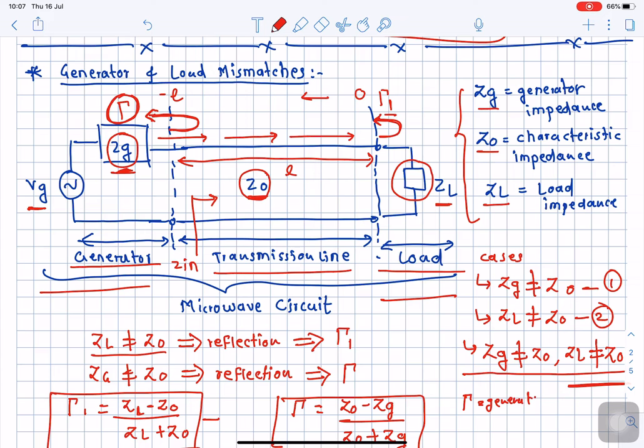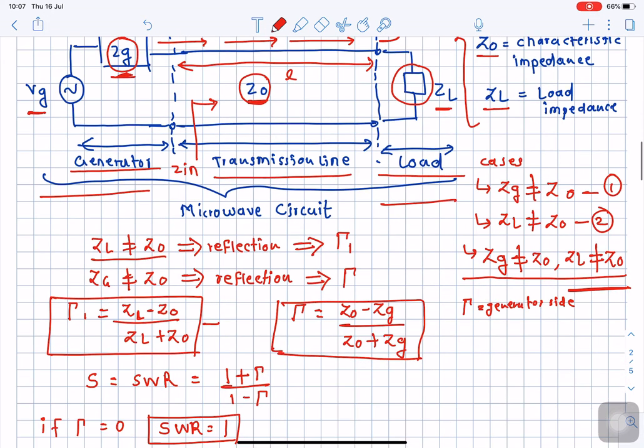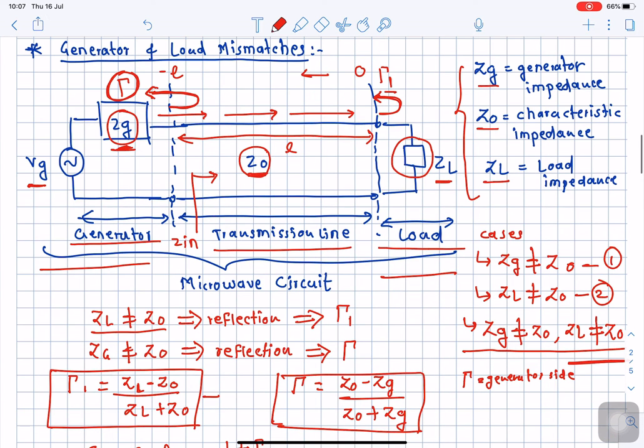Whenever the second condition happens, that is the load impedance is not equal to the characteristic impedance of the transmission line, then another type of reflection takes place, that is gamma 1, and that is happening at the load side. So these reflection coefficients will become non-zero.